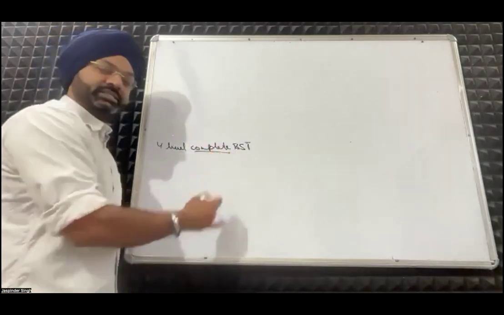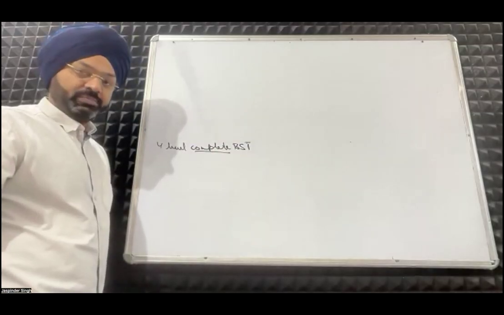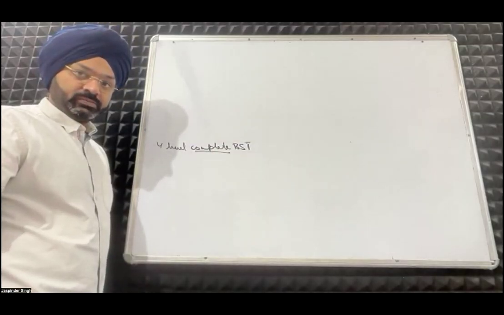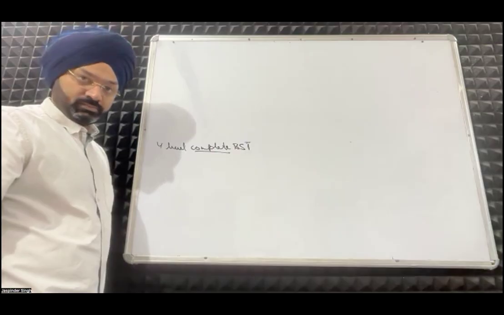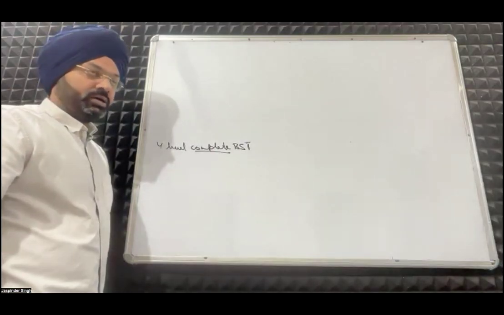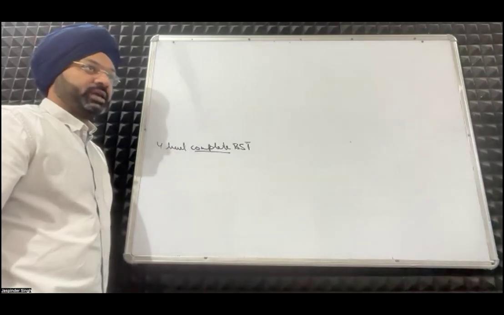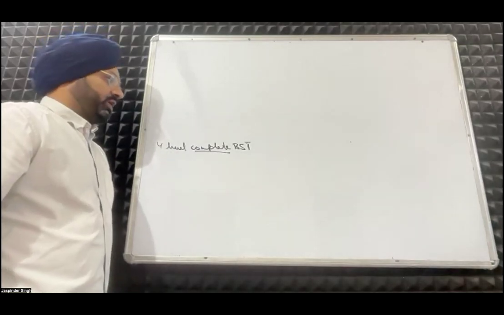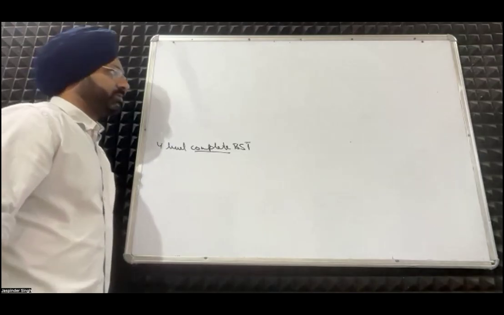Okay, what is complete BST? What does complete mean? Each node has left and right both. Yeah, each node has left and right baby. All right. So 4-level BST, anybody?